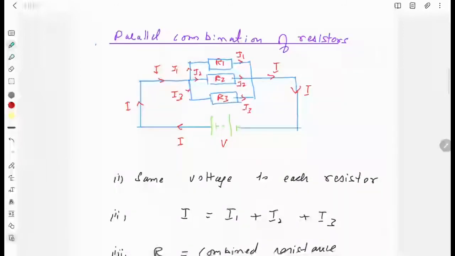The three resistors are connected to the same point of the battery, so we can see that the potential difference of the battery is the potential difference of R1, potential difference of R2, and potential difference of R3. So R1, R2, R3 have the same voltage, that is the voltage of the battery.